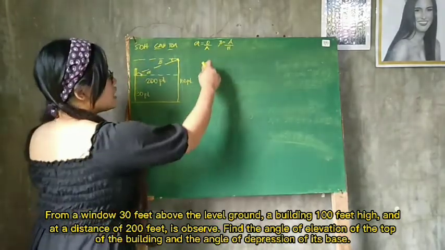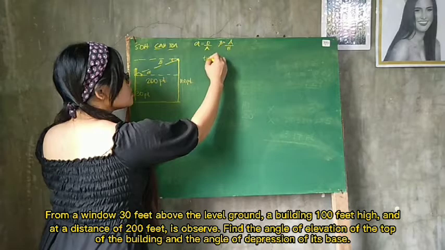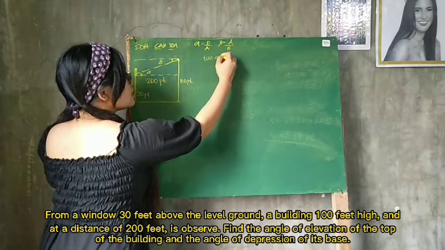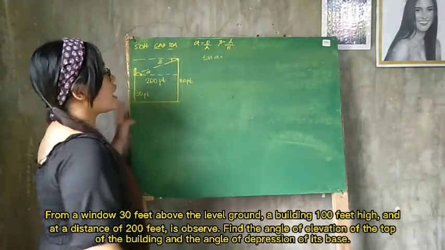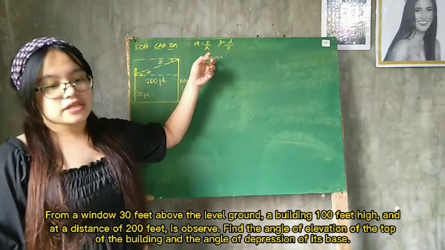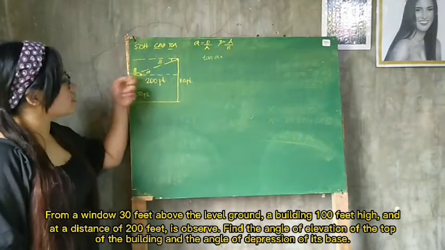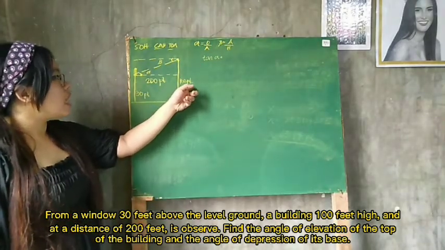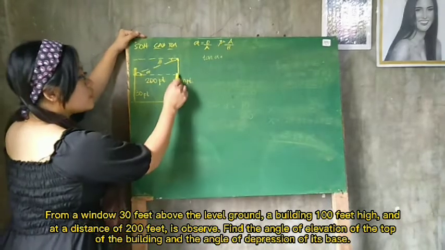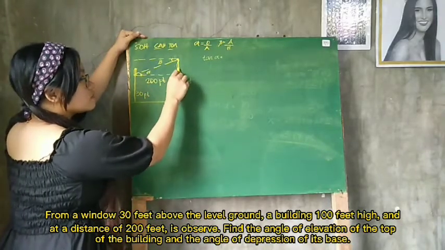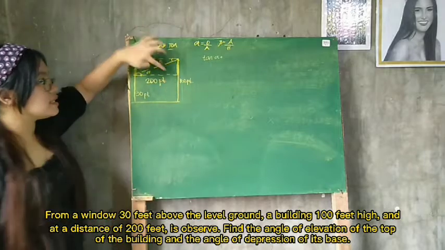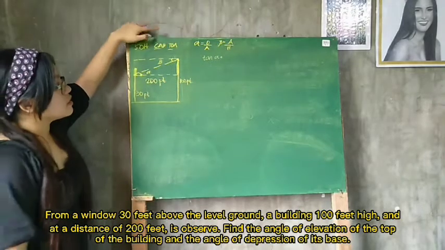We have tangent A is equal to opposite over adjacent. For the opposite, we have 100, but we are only going to use this part, the line of sight until the top of the building.